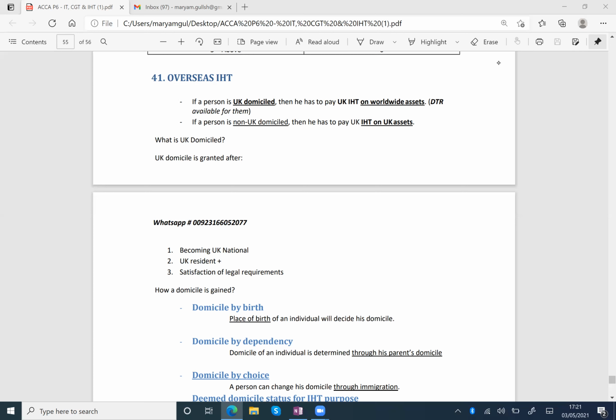So first situation is heading UK domicile individual leaving the UK. Here it is mentioned an individual who has been domiciled in the UK, and now moves abroad and makes another country his or her permanent home, retains his or her UK domicile for 3 years.